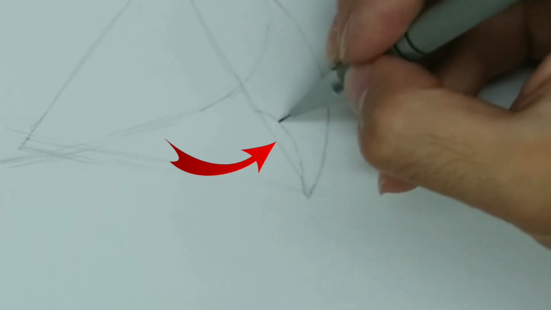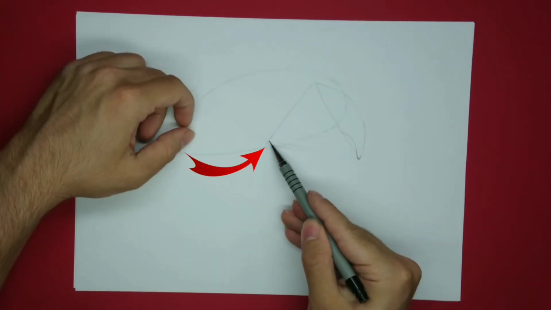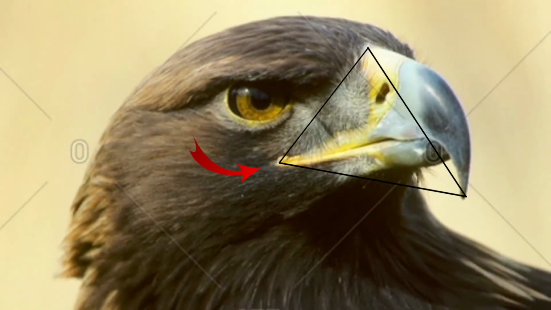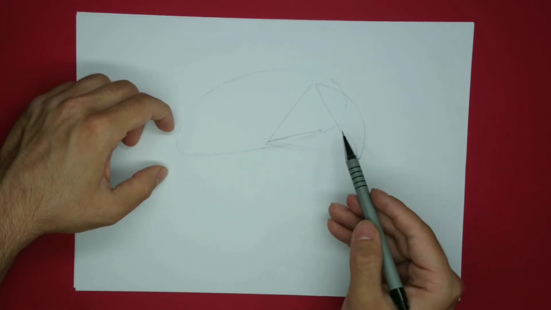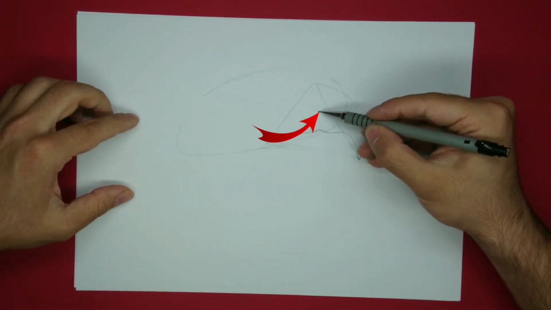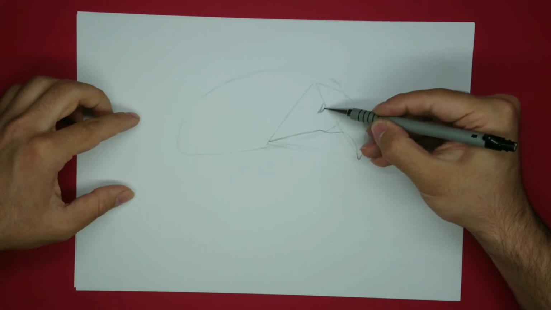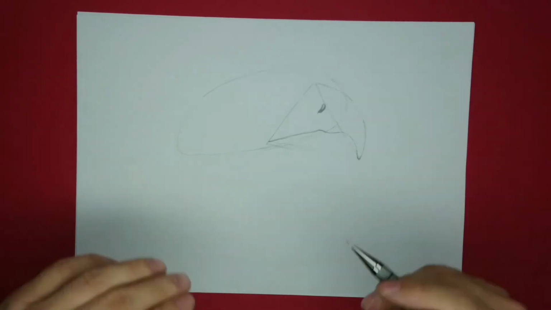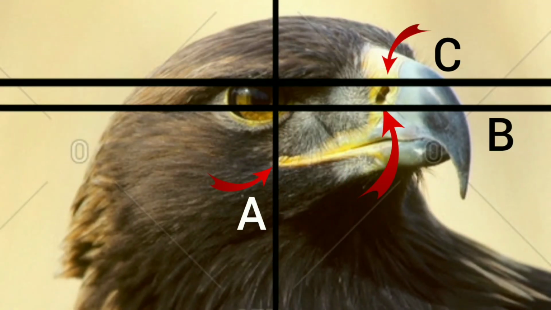This part of the bird's tip is drawn just outside the triangle, like the picture. Lines B and C vary in the drawing of the eyes in some birds and angles.